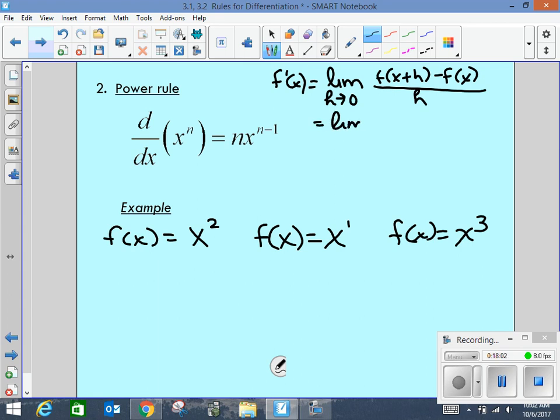Let's let f of x be, which one of these is the simplest? X to the first. Okay, as in x. So, what's f of x plus h? If f of x is x, what's f of x plus h?